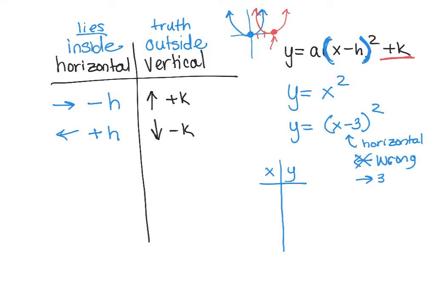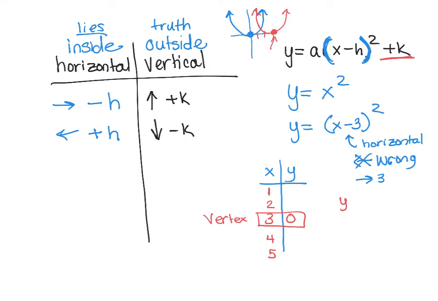So let's see if that's true. So I'm going to put 3, 0 right in the middle. And I'm going to pick a couple of points that are on the right side of 3. And I'm going to pick a couple of points that are on the left side of 3. So notice your 3 is your vertex, and it should be right in the middle. Okay, so let's see if it works.